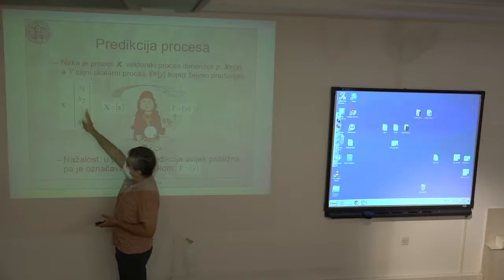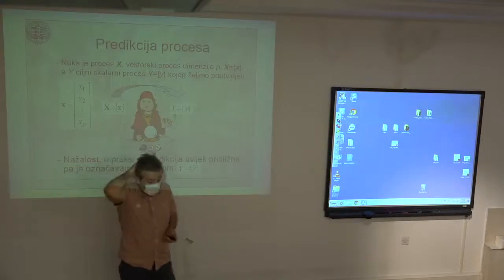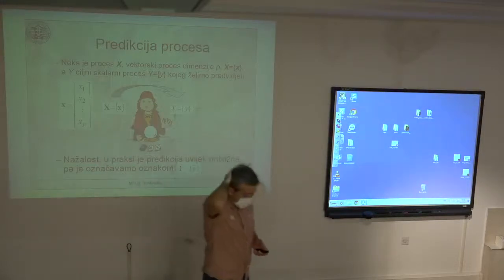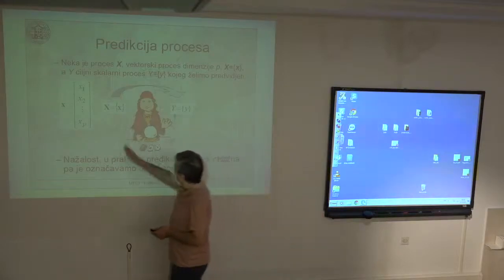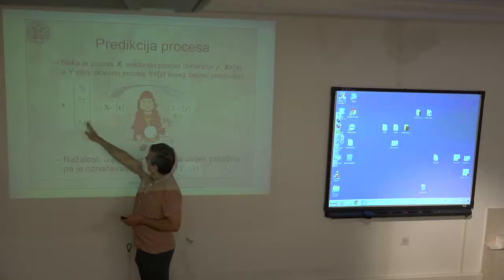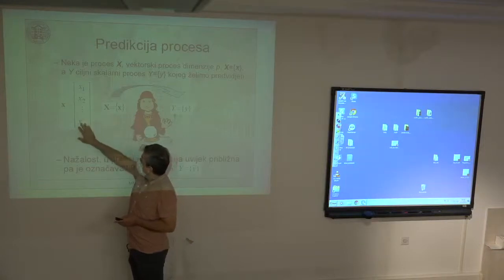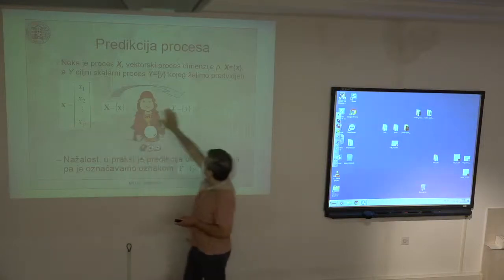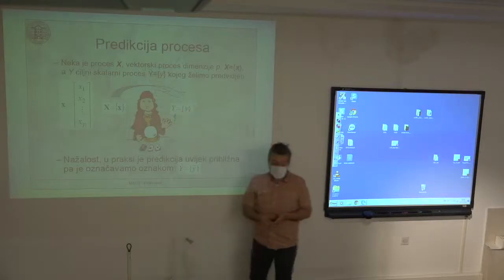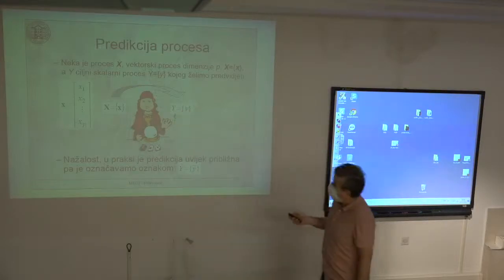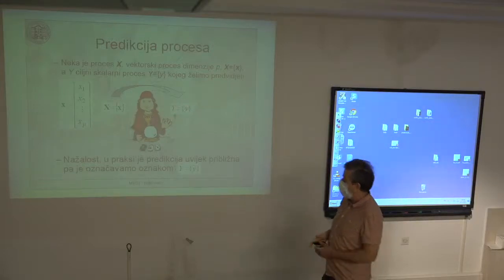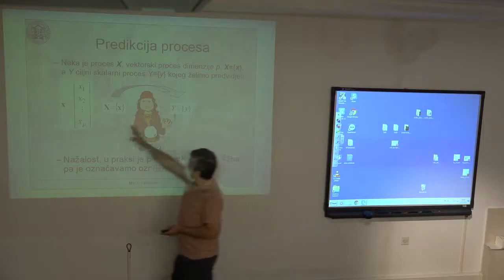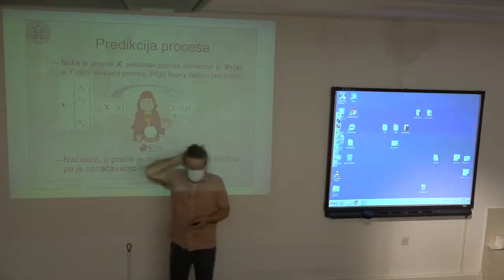So I have some distribution in p dimensions, and I take these random vectors from this distribution. And for each of these source vectors, I have the corresponding target scalar value y. So this y is a scalar value, differently from the x, which is a vector value.